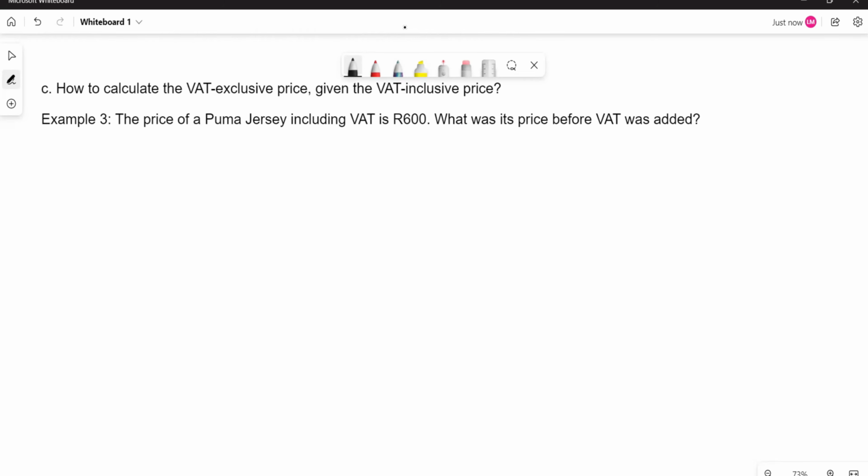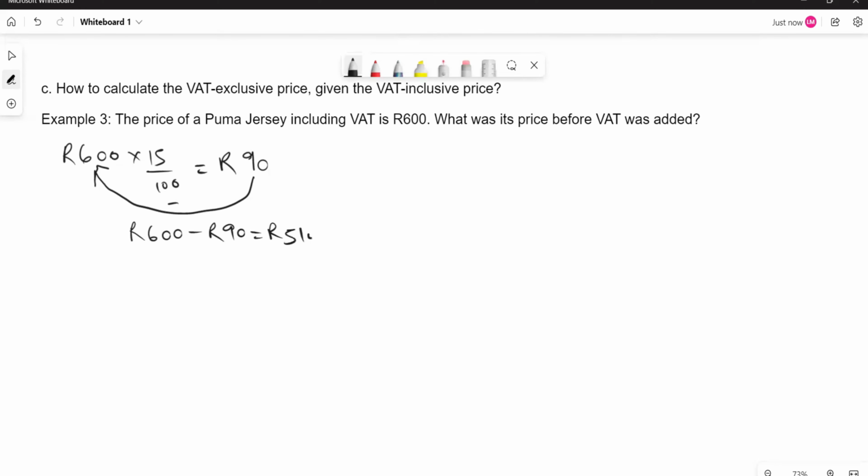Some make a mistake of multiplying the 600 by 15 over 100, and they get a certain value which they conclude is VAT, but it's not. And then they subtract this value from the original price. They just subtract it, which is going to be your 600 minus 90 rands, and it gives you 510.